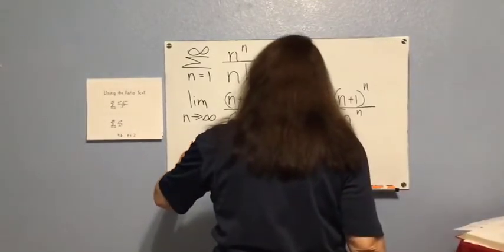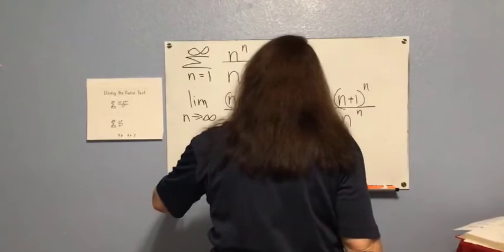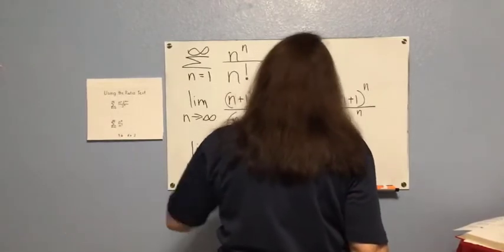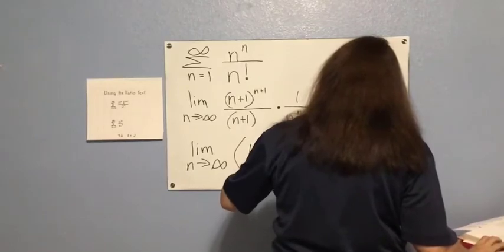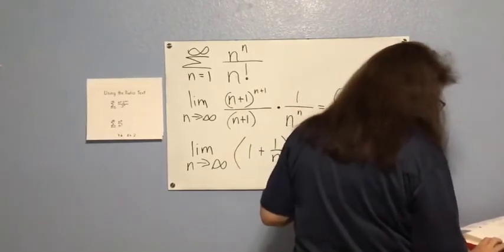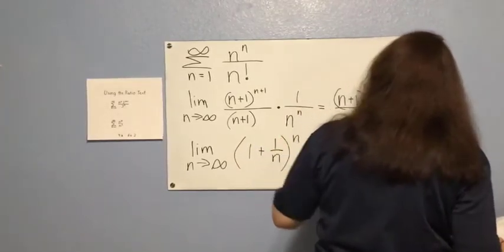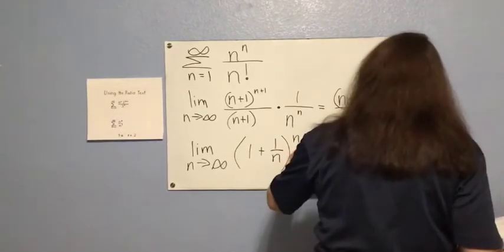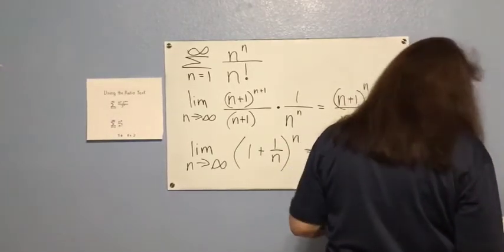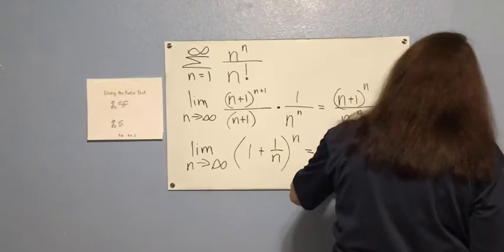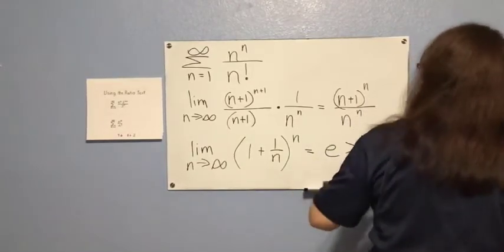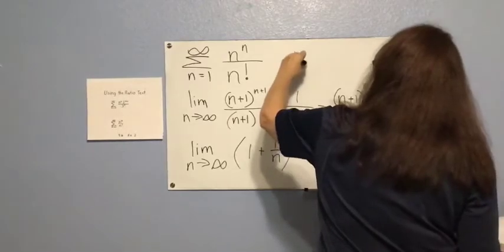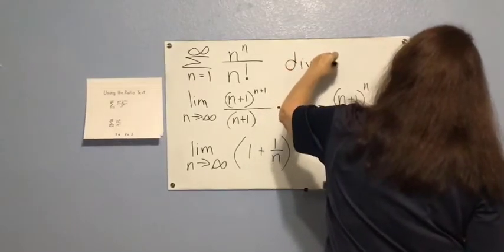So this gives me the limit as n goes to infinity of 1 plus 1 over n to the n power, and that's equal to e, which is greater than 1. And greater than 1 means that this series diverges.